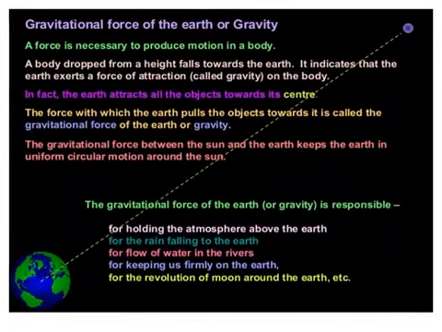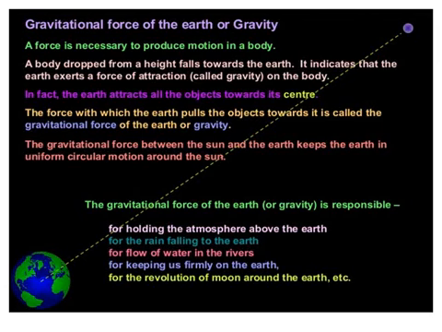Now children, let us sum up what you have learned for gravitational force. Gravitational force of the earth, or simply we can call it gravity. A force is necessary to produce motion in a body. A body dropped from a height falls towards the earth. It indicates that the earth exerts a force of attraction, which is called gravity, on the body.